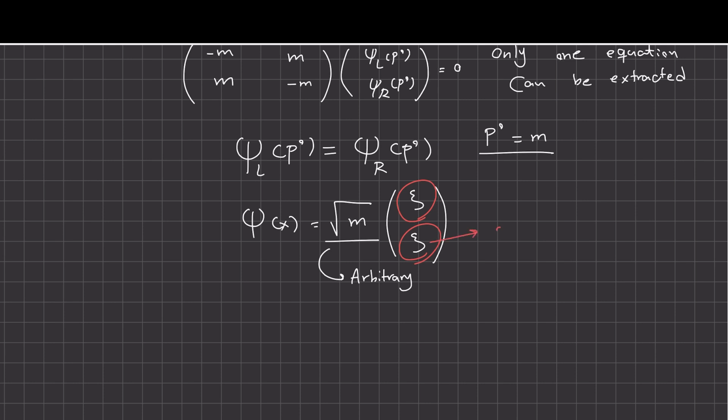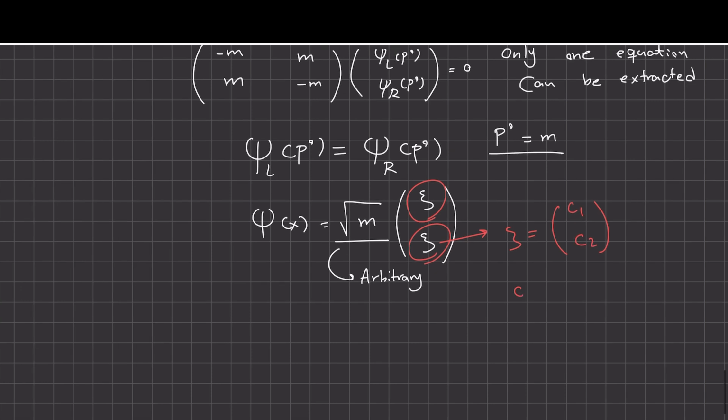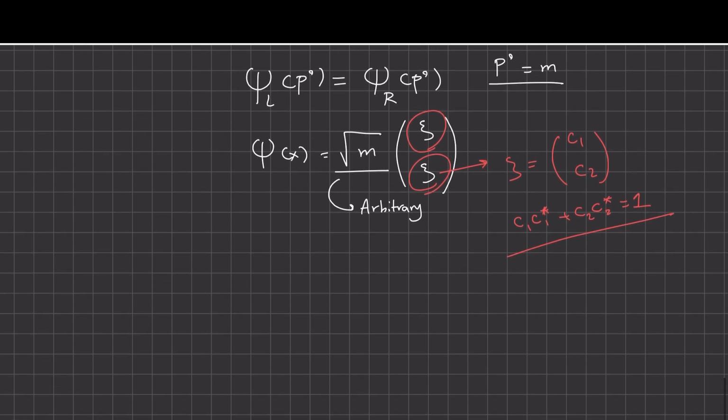So the right-handed and left-handed components are acting in a similar way, and psi is any combination of c1 and c2 such that |c1|^2 + |c2|^2 is normalized to having a proper normalization. So psi can be any arbitrary orientation of a spin, but the left-handed and right-handed have the same behavior here.